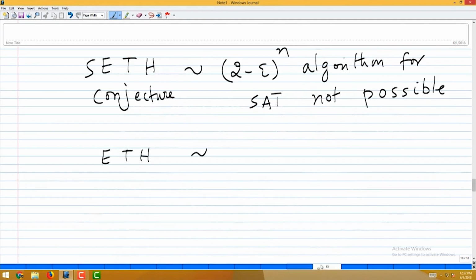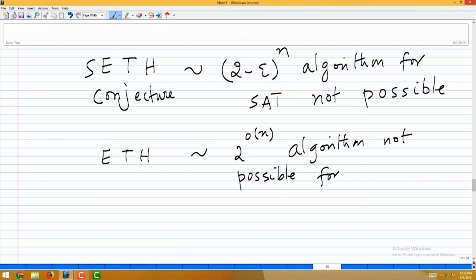The conjecture is that a 2 power little o of n algorithm is not possible for 3 SAT or any bounded SAT. Again, this is a conjecture. And these are some rough statements. These are not exact statements of these conjectures, but I am just translating them the way we want.